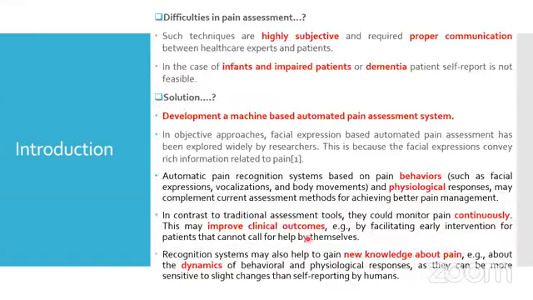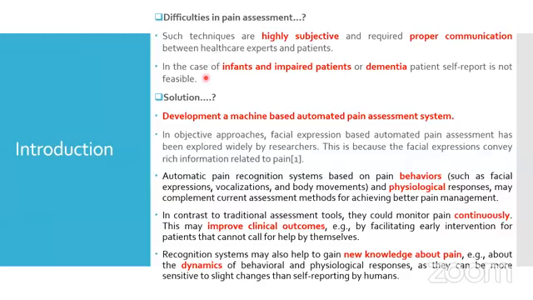But as I told you just now, the reporting of the patient is not reliable. Every patient can have a different projection of the pain. Due to that, these subjective methods are, I must say, highly subjective basically, and they require really proper communication between the healthcare experts and the patients.